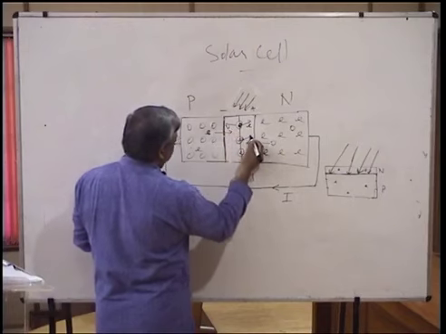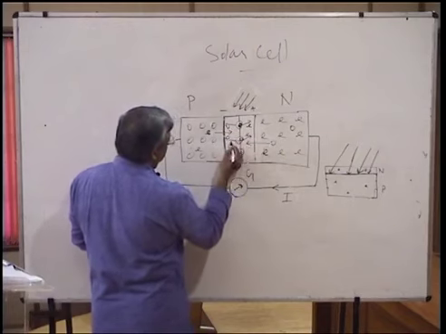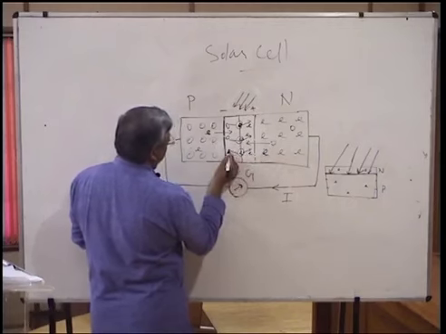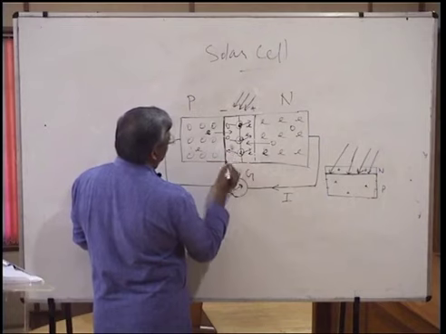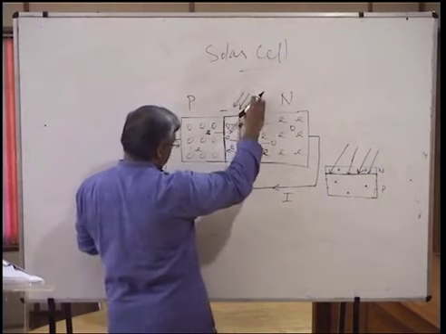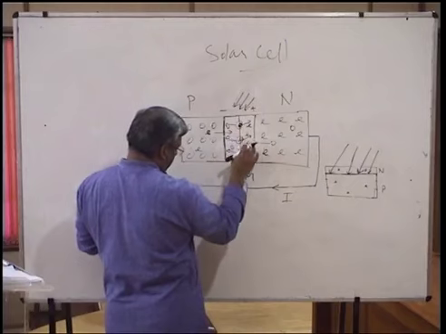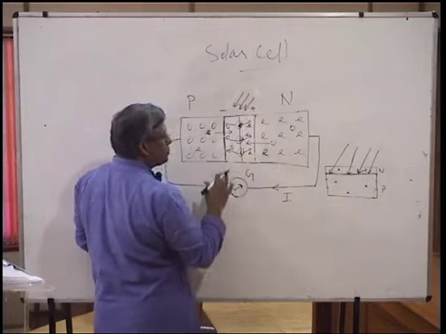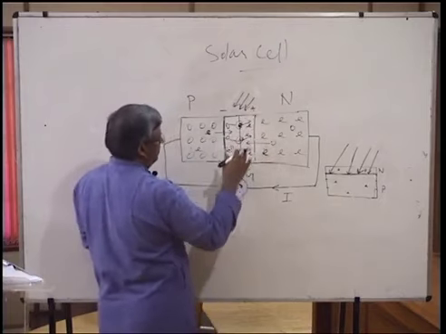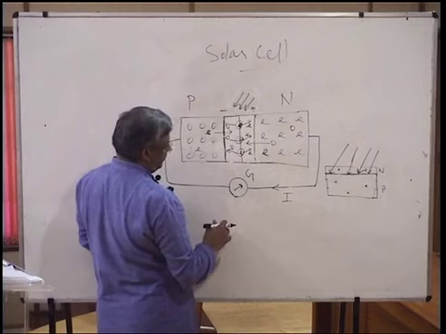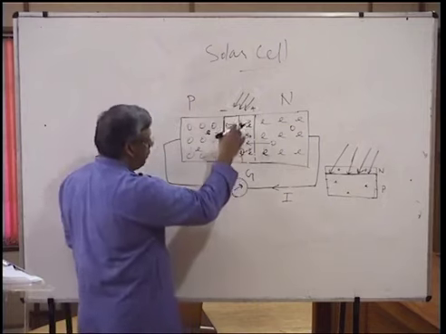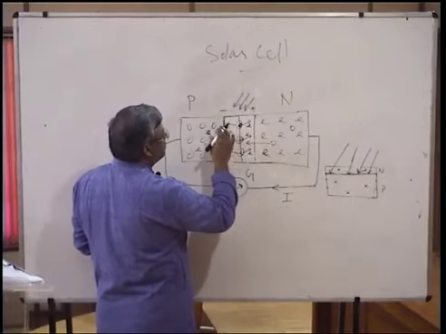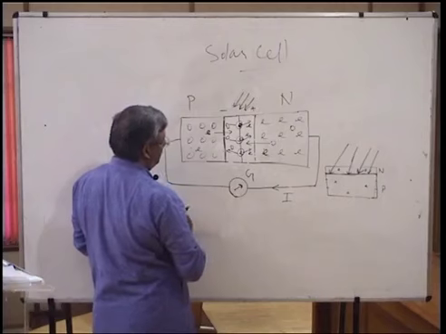So electrons will be out, holes will be here, this bond is broken. So you have, by 3 photons, 3 electrons and 3 holes generated. So this is what is called photon-generated charge carriers. So the basic effect of a photon falling on an electron-hole combination is that the charges will be separated, charge separation.